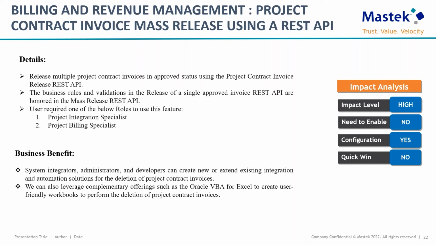So there are businesses who release many invoices on daily basis, and approval is required due to the nature of business. And earlier it is possible to release one invoice at a time, which becomes a time consuming process for business. But after this new feature, it becomes very easy for business to release bulk invoices through REST API at a time.